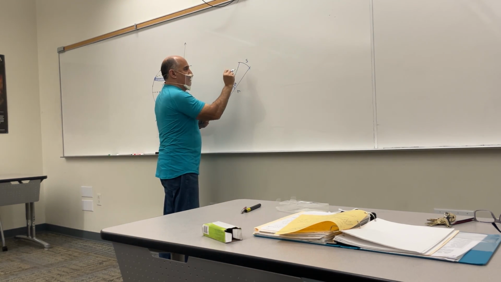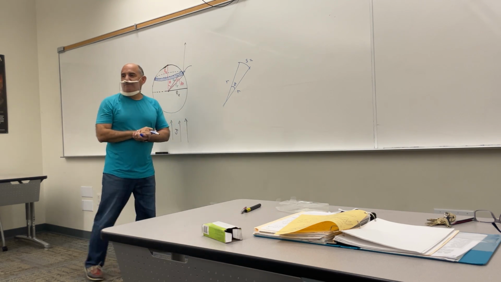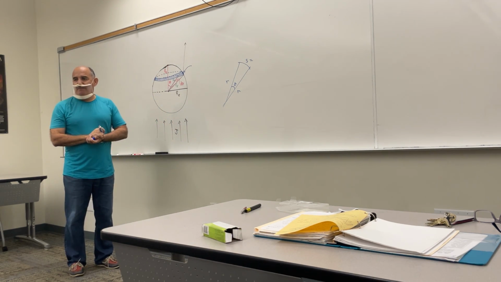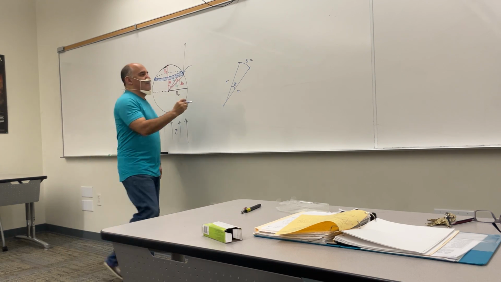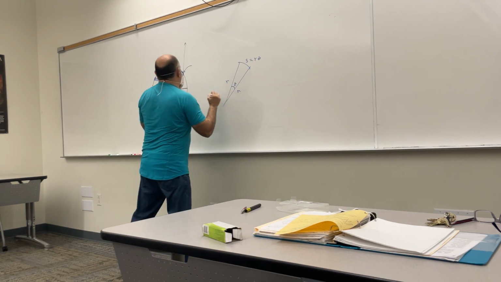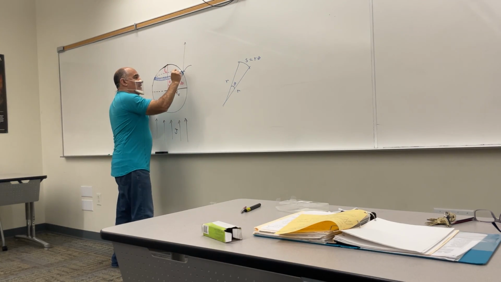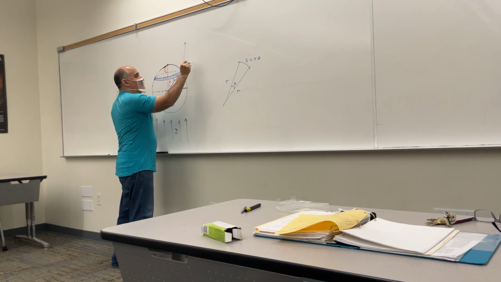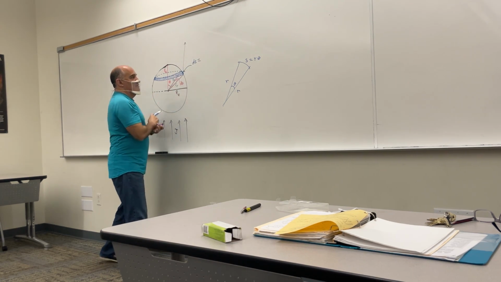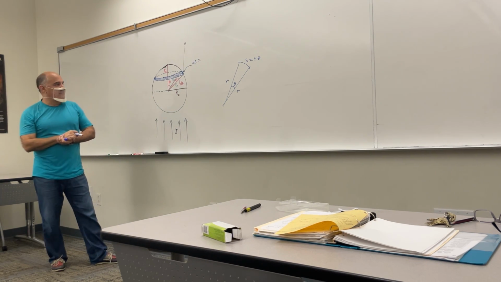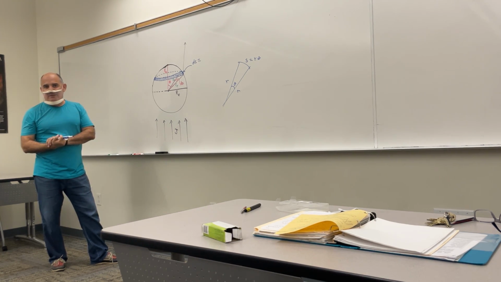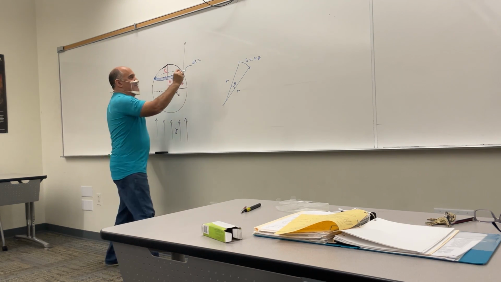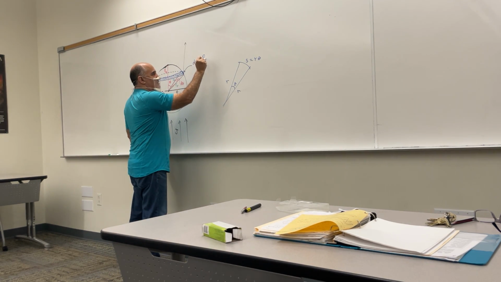If this is theta, what is this length? R theta. So therefore, what is this length over here? I'm going to call it ds. Look at the angle subtended. R d theta.